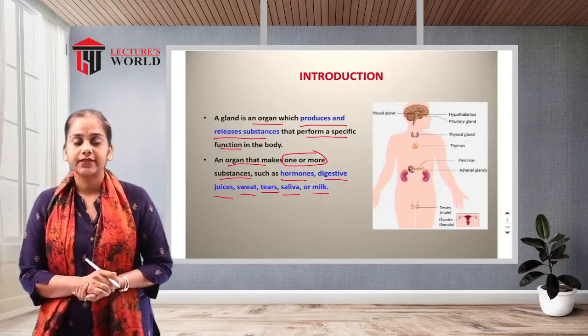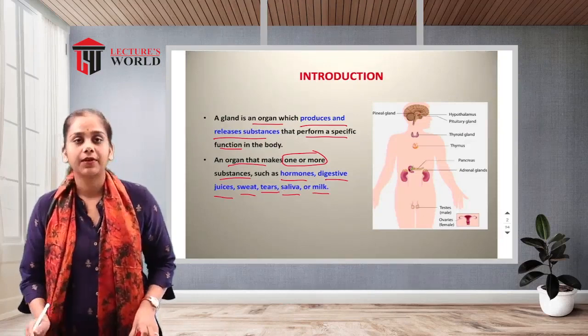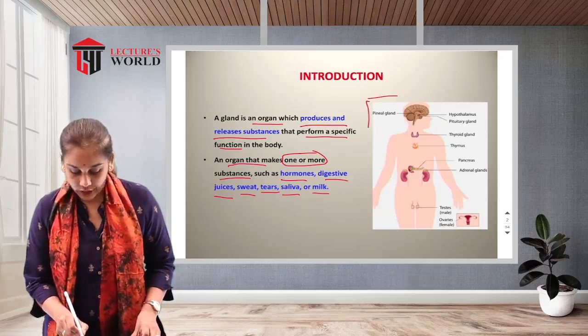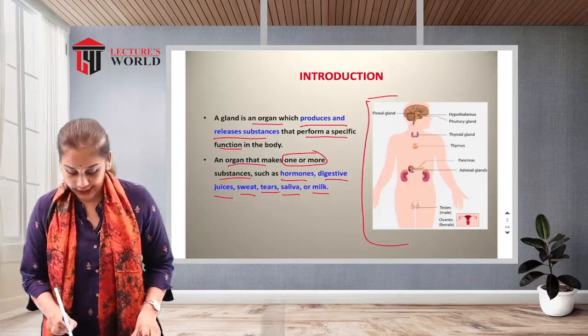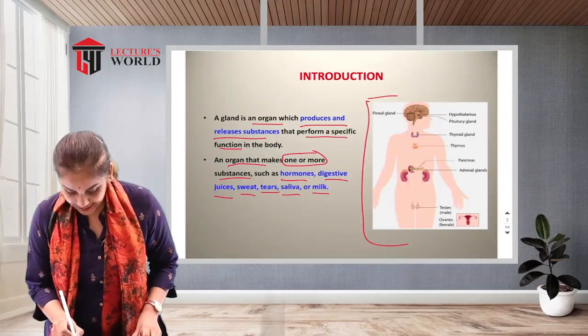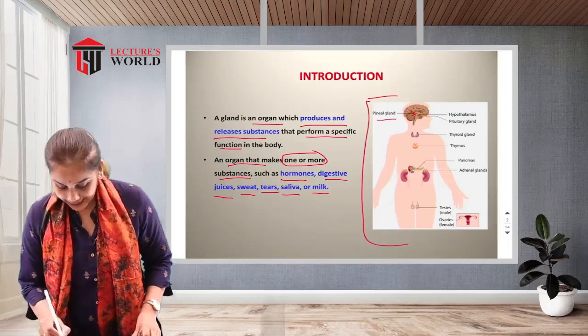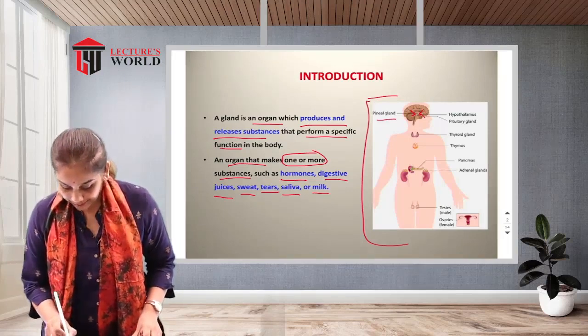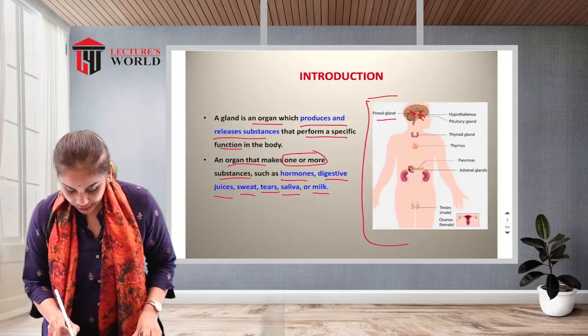You can see in the figure, this is an example of the glands. This is the whole system that is known as the endocrine system, a mixture of glands. That is the pineal gland, located in the brain. Then the hypothalamus, also located in the brain. Then the pituitary gland, below the hypothalamus.